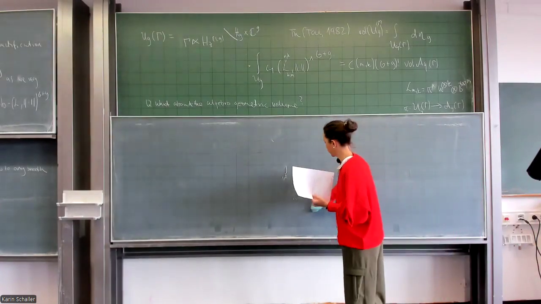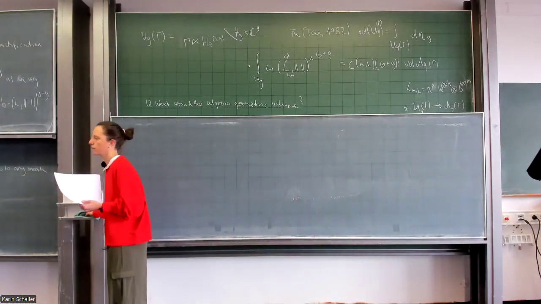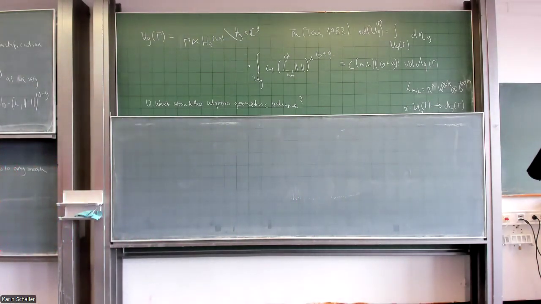So you say you want to compute this using combinatorics. Is there an analog for really computing this number with Mumford? Like a big example? This one? Yeah. Well, what do you mean?